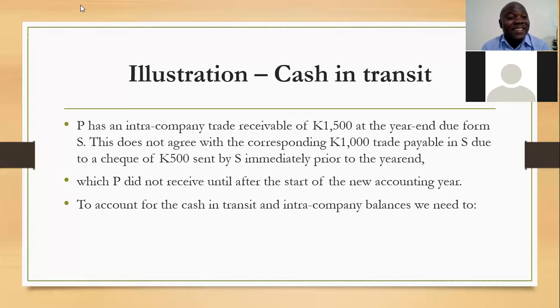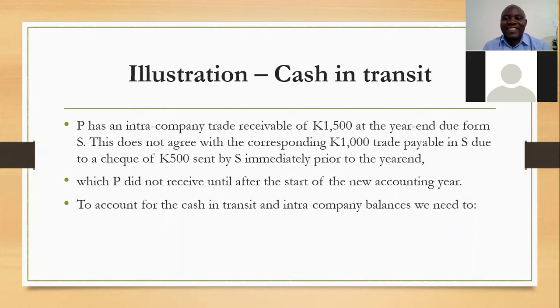Yet the subsidiary has sent a 500 kwacha remittance to the parent company, which the parent company hasn't received.